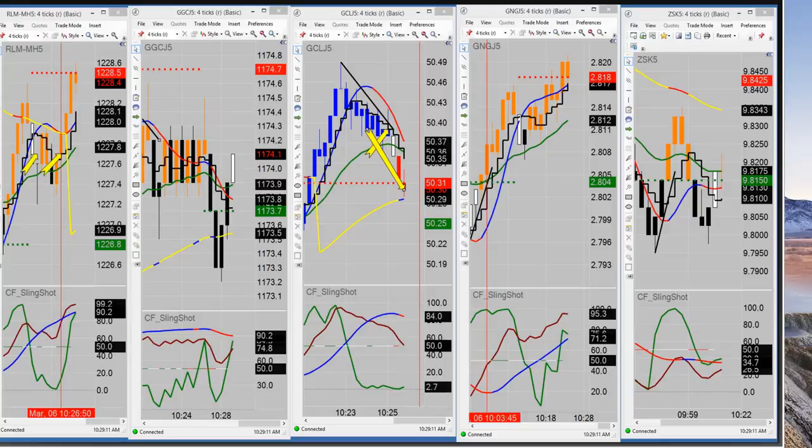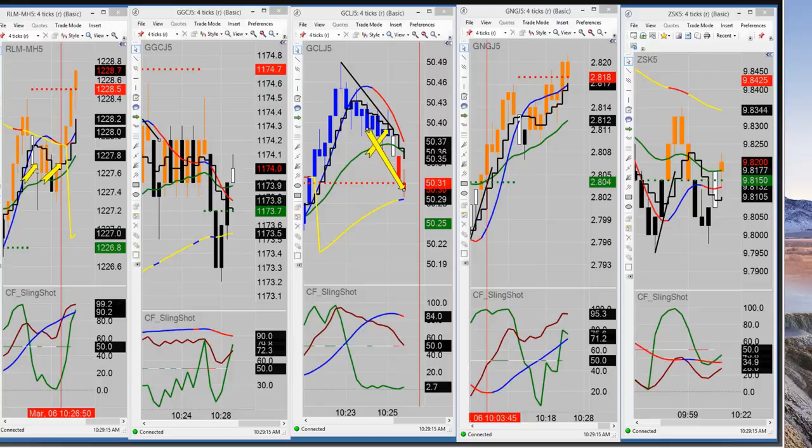Now the Russell's gone up like we thought it would. And hopefully it'll go up above, close up above that dynamic resistance and then pull back and give us some more opportunity above it.